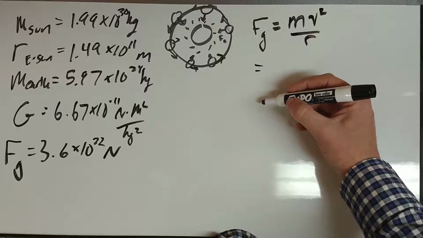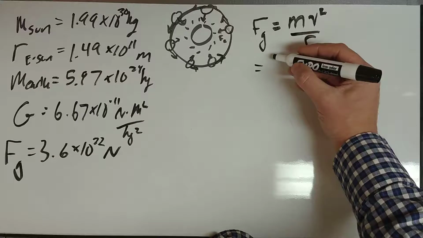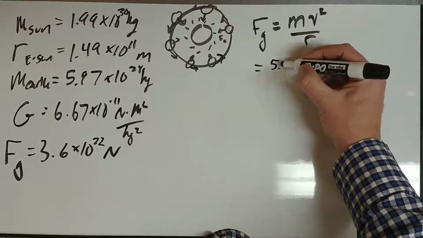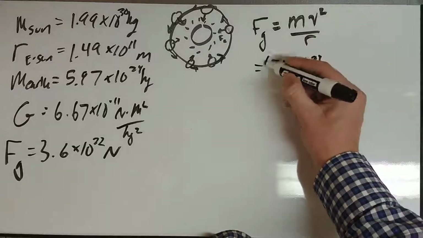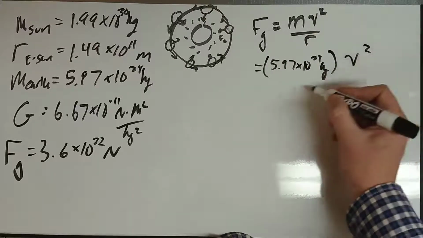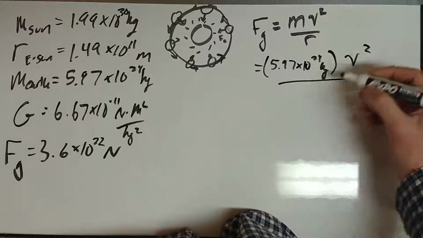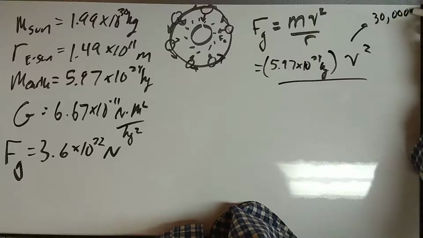So we already did this, right? We've got the mass of 5.97 times 10 to the 24th kilograms. V, oh crud, what's the speed of the Earth in its orbit? Well, you can look it up online. It's 30,000 meters per second.